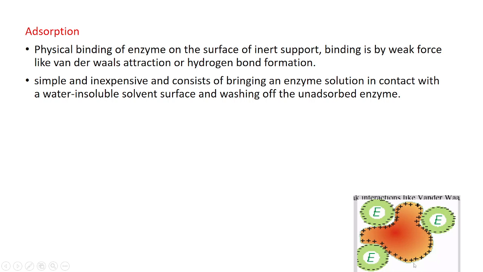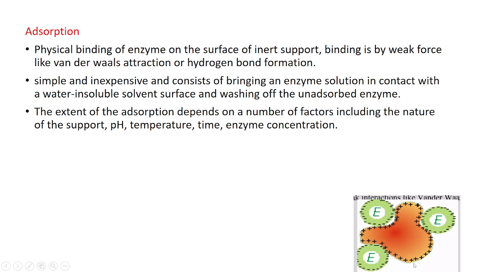You wash off all the unadsorbed enzyme, which has not been adsorbed. How much adsorption is done depends on many factors, like the nature of the inert support system you are using, the pH, the temperature, the time you give for the interaction, and the enzyme concentration used.